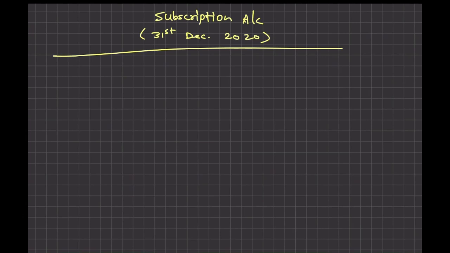So, while preparing the subscription account, it is for the 31st of December 2020.